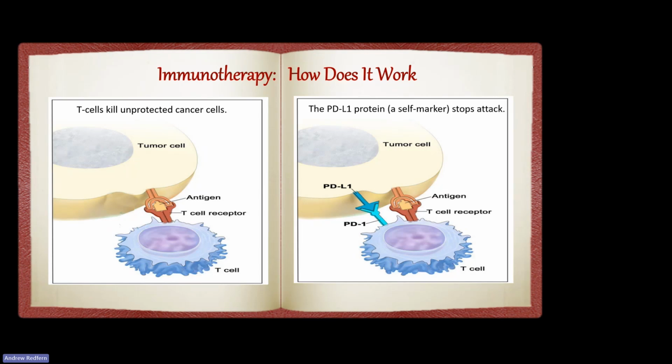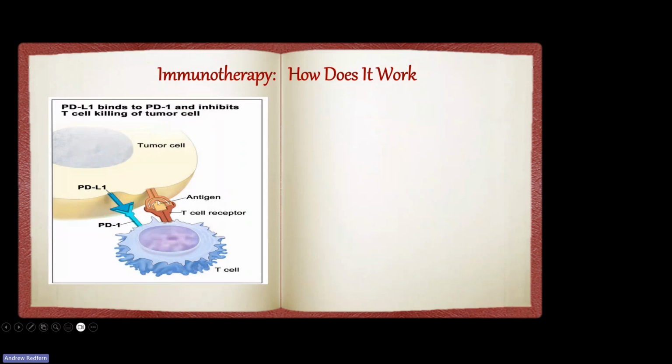And PD1 is the dark blue marker on our tumor cell and a lot of our other normal cells, and our lymphocytes can also recognize a self cell. And the lymphocyte tries to come to a conclusion as to whether it should kill the cell or not. And where your immune system has failed to kill a tumor, maybe it's because the PD1 is stopping this system working. So this is just the second picture there.